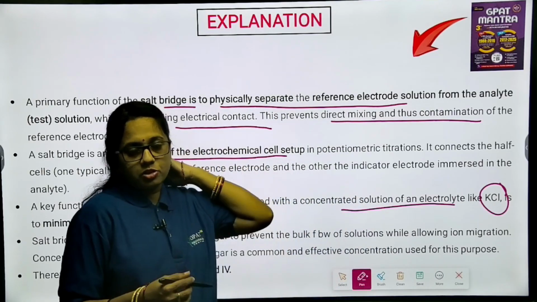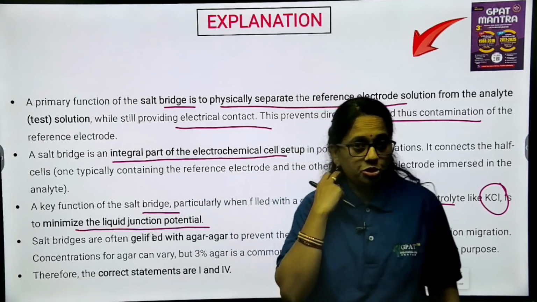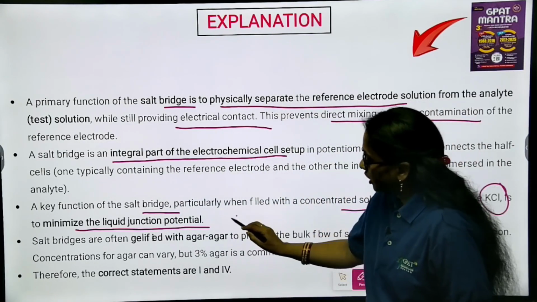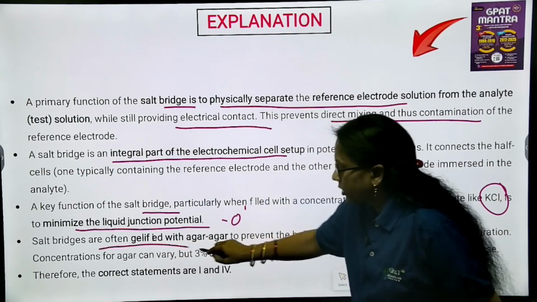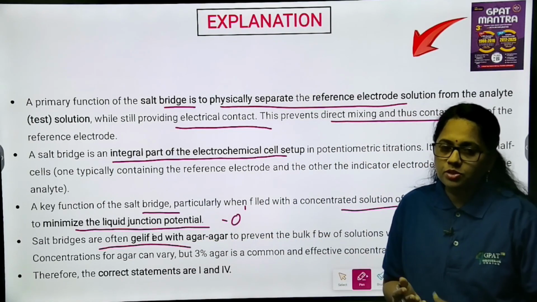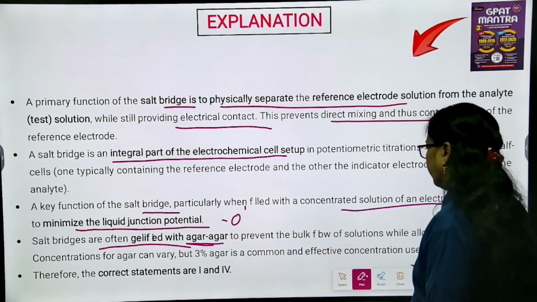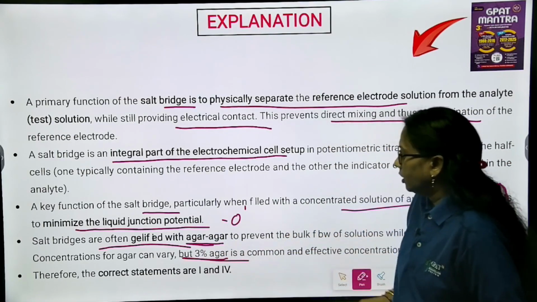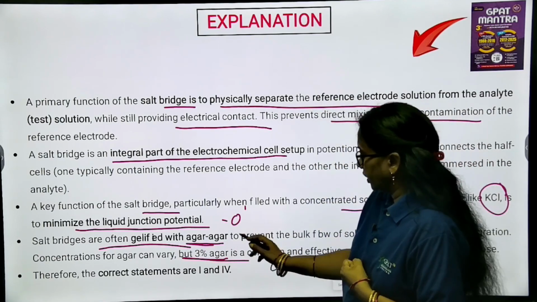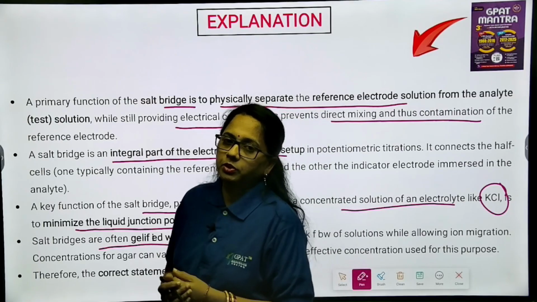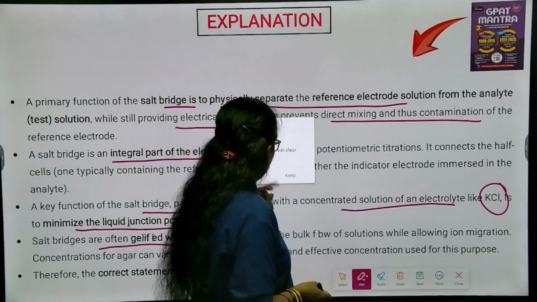Whatever junction potential is created at the contact between the reference and test solution, it maintains that almost at zero. This salt bridge is also sometimes jellified with agar-agar solution, at a maximum level of 3%, not more than 3%. And that's why the statements 1 and 4 are the correct options. Let us move to the next question.